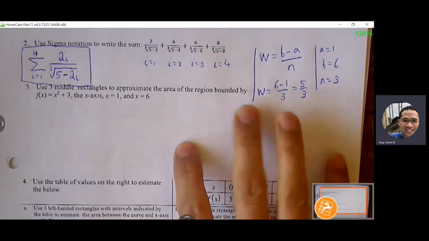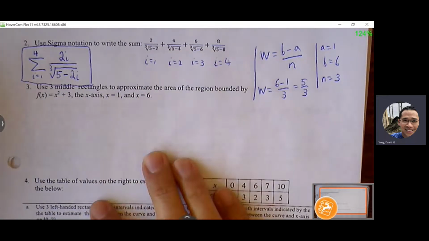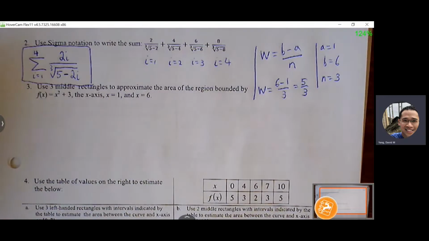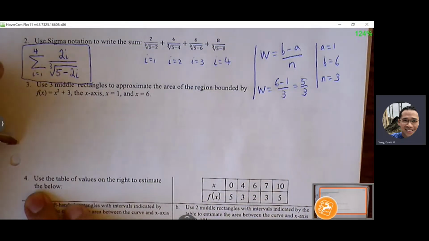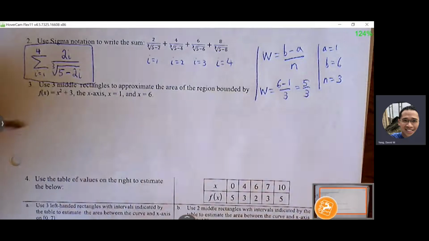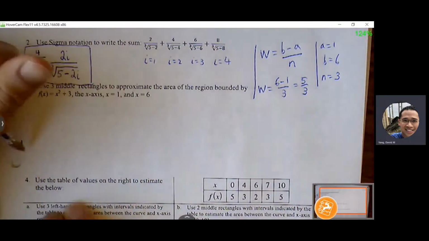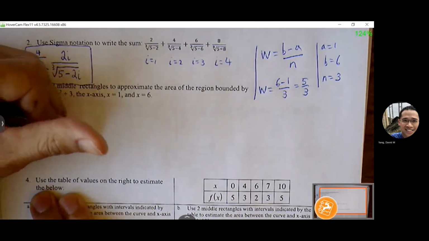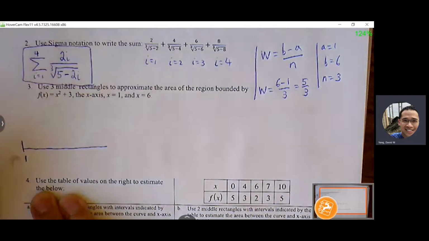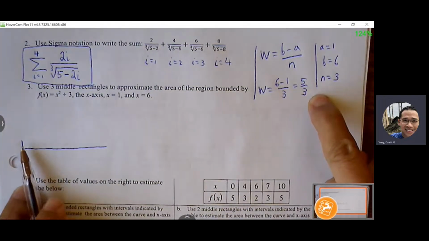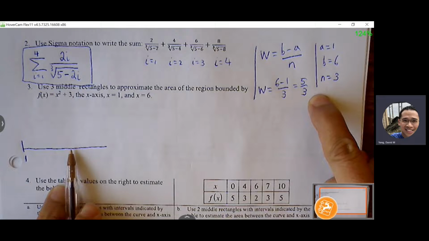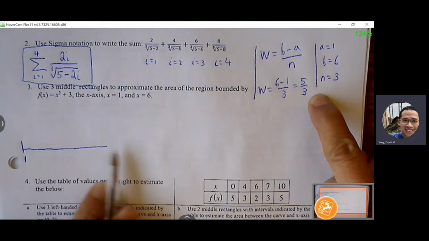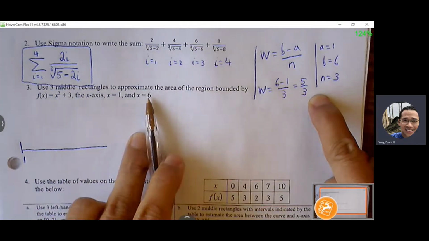Now we have to build our subintervals. Starting with the left endpoint, which is 1, you keep adding the width until you reach your next subinterval x value, and you keep going until you eventually hit 6.